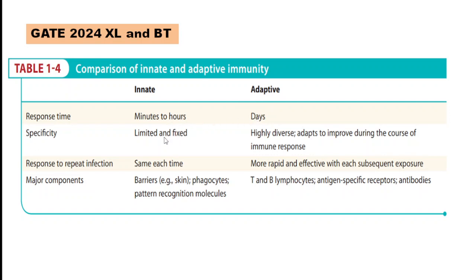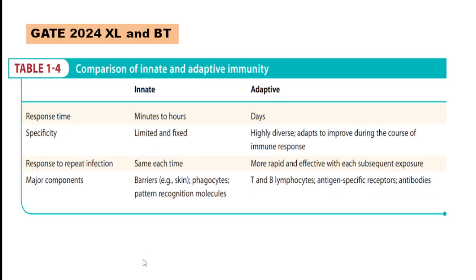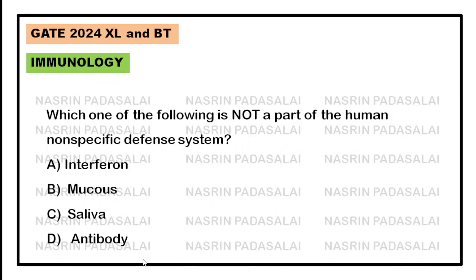Examples of innate immunity, or non-specific defense, include barriers like skin, mucus, saliva, phagocytes, pattern recognition molecules, TLR, complement and interferon. Whereas T lymphocytes, B lymphocytes including plasma cells and memory cells, and antibodies come under the specific defense. So interferon, mucus, saliva come under non-specific defense, and antibodies don't belong to the non-specific defense system, they belong to acquired, that is adaptive immunity. The correct answer for this question is option D.